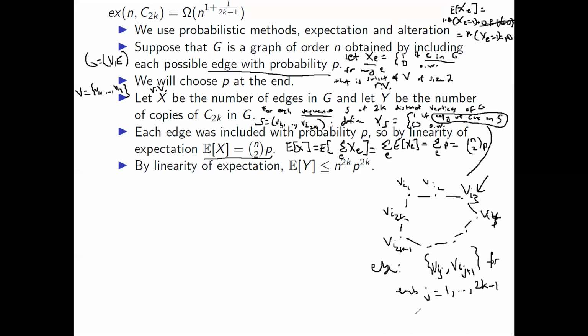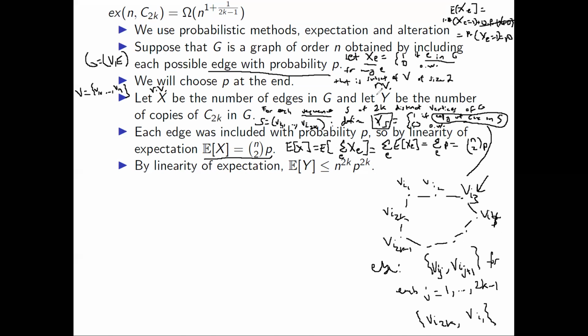And we also have the edge VI2k, VI1. So we have a total of 2k edges, and we could also have extra edges. The only edges we must have are these 2k edges, and we're allowed to have any number of extra ones. So that's the definition of our indicator random variable YS.